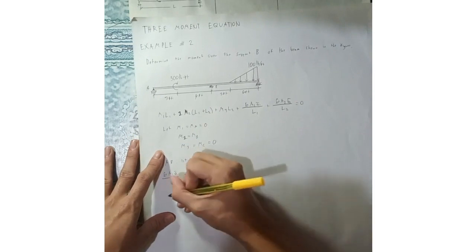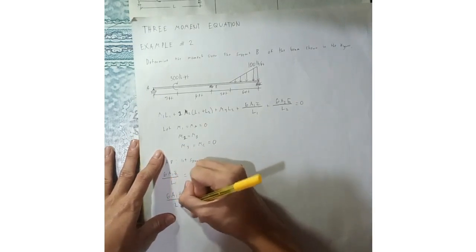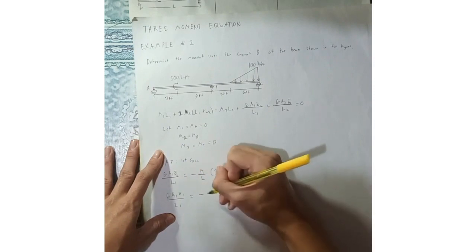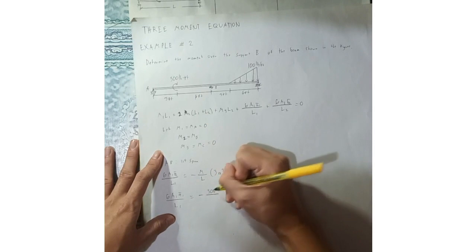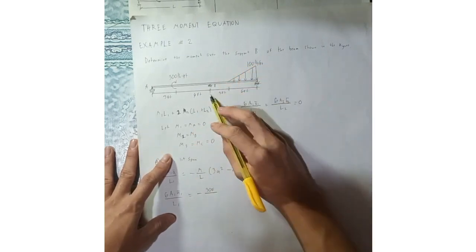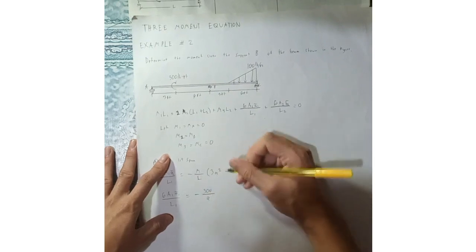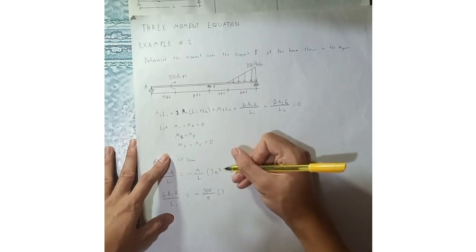So moment, which is 300 pound-feet over L, which is 9 feet, times 3A squared.